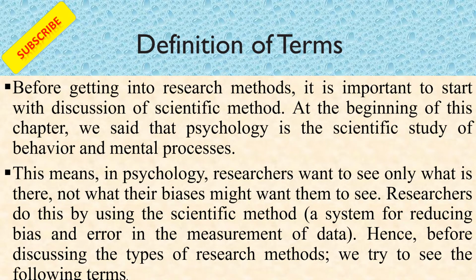By scientific method, we mean a system that reduces bias and error in the measurement of data. And we'll try to define the major concepts that are important in this.